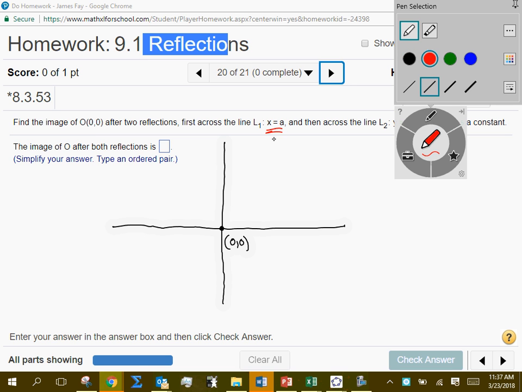Now, it could be negative or it could be positive. Which one would be the best for us to use? Positive, okay? But the argument is that we don't know what it is. It could be negative. But I'm going to put in that line. That's L1, which we're saying x is equal to a.